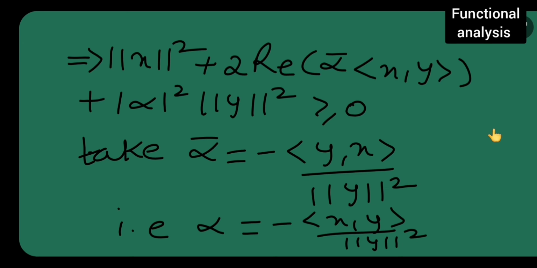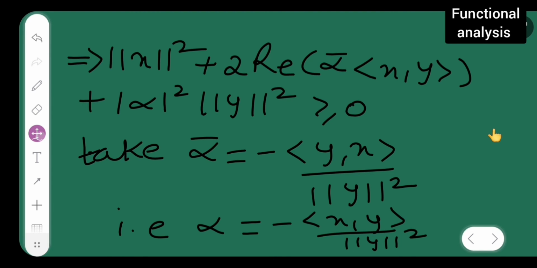Now let me explain: this value I have to substitute in this expression. Wherever there is alpha, you'll have to plug the value in. So let me do it.